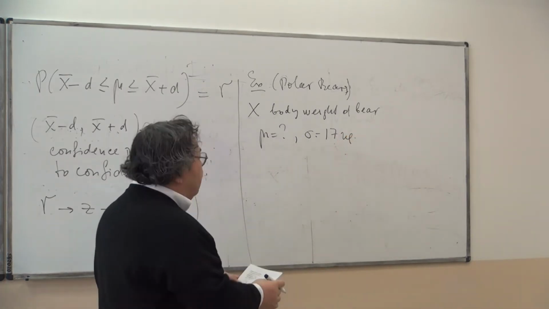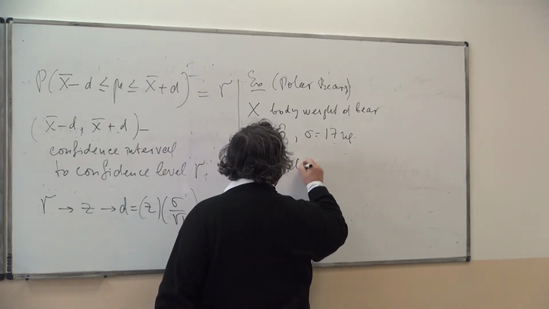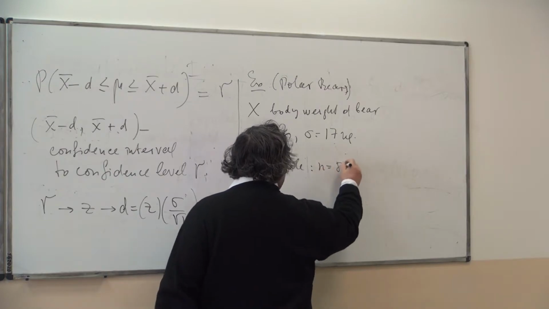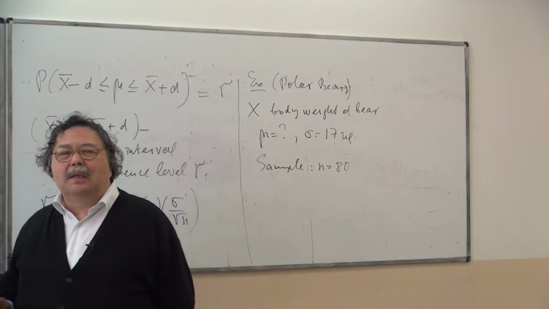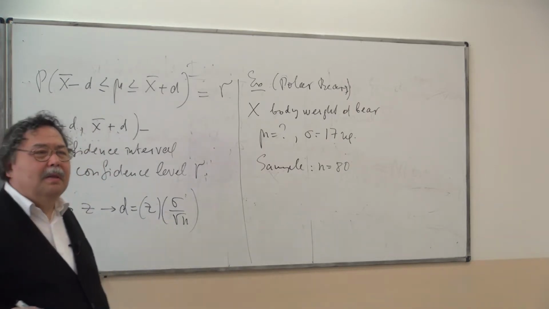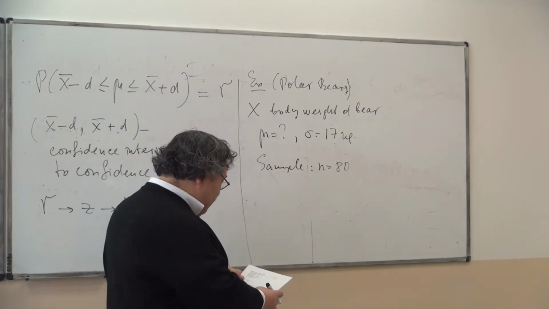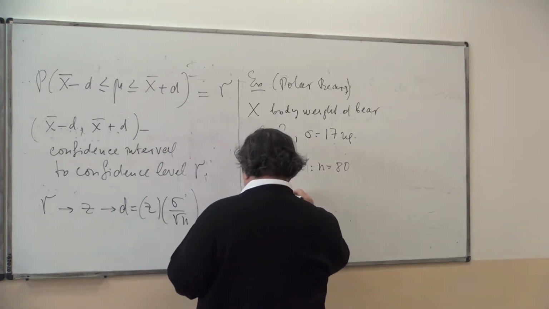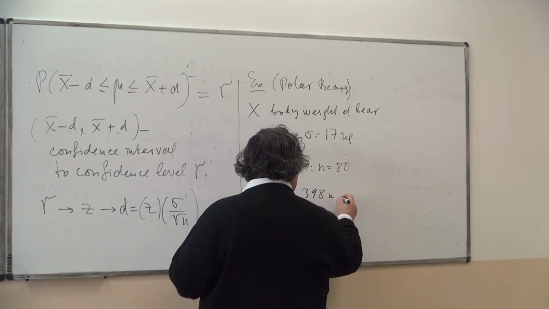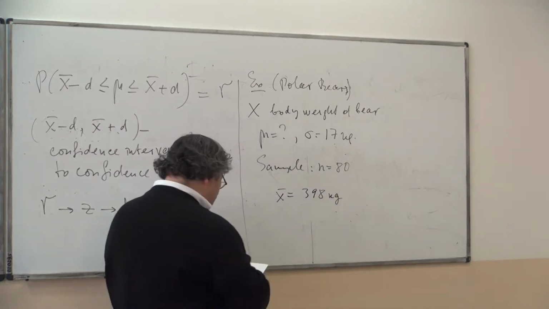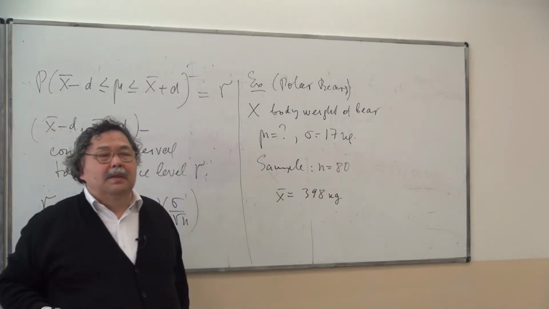All right, and now this more effective sedative allows us to sedate 80 bears, which is a big lot, 80 bears. And X, the sample mean, happens to be 398 kilograms.